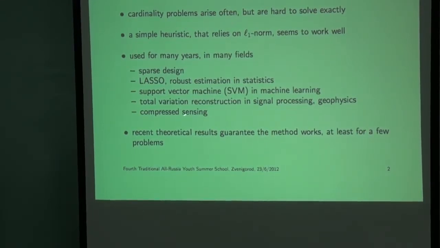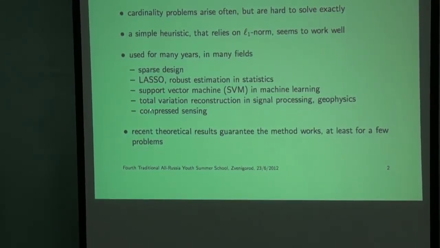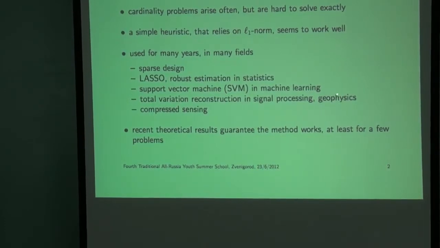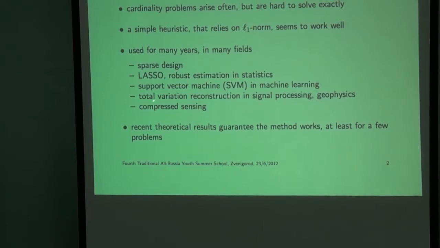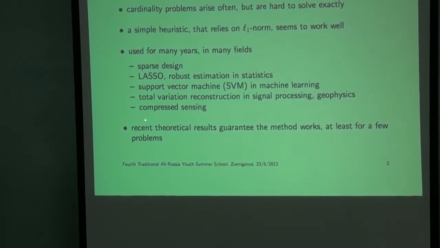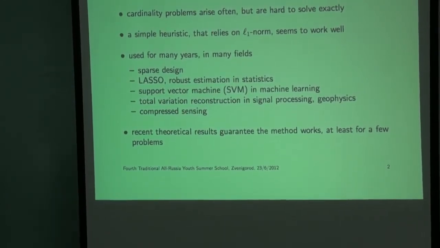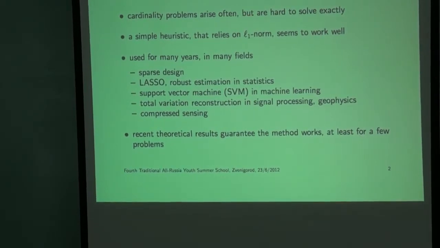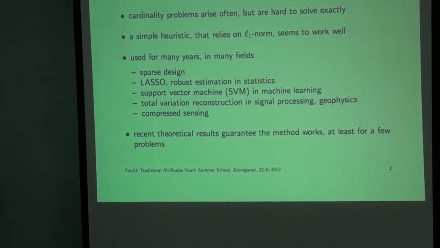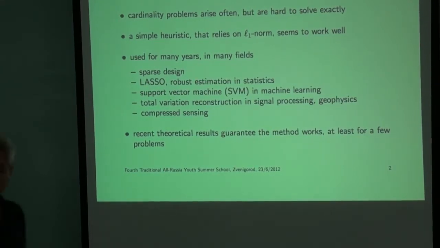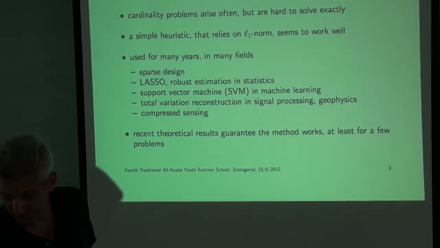In the 90s, a variation was used in signal processing and geophysics. It actually goes back to the 1970s, and that's total variation reconstruction. And nowadays, things like compressed sensing are very popular. There are a few more, but I'm not going to add to this. I'll say something about these theoretical results, but I'm going to spend almost no time on it.